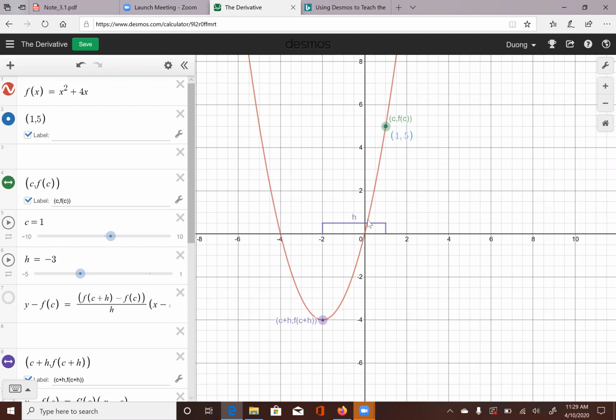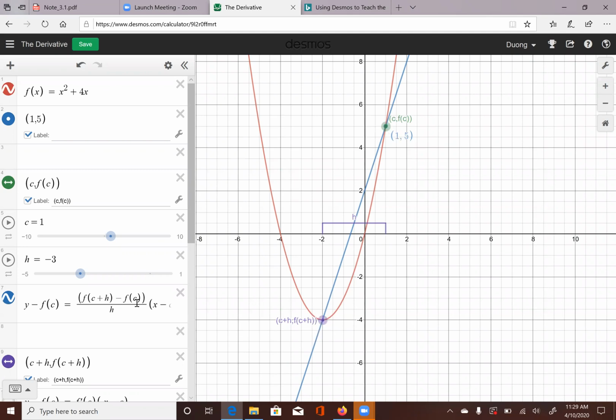So delta x is just the difference between these two x values. Now I want to graph a secant line that goes through these two points. This blue line here is a secant line that goes through the points (1, 5) and (-2, -4).